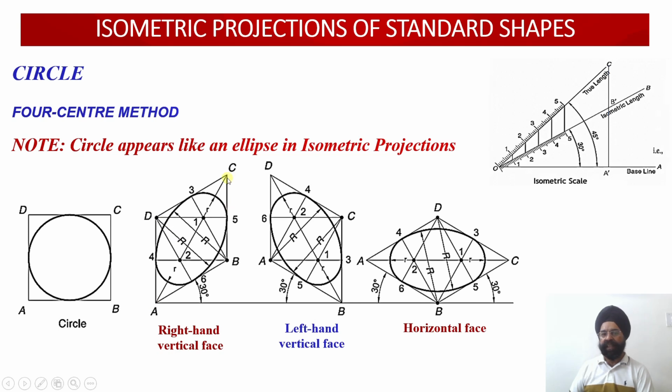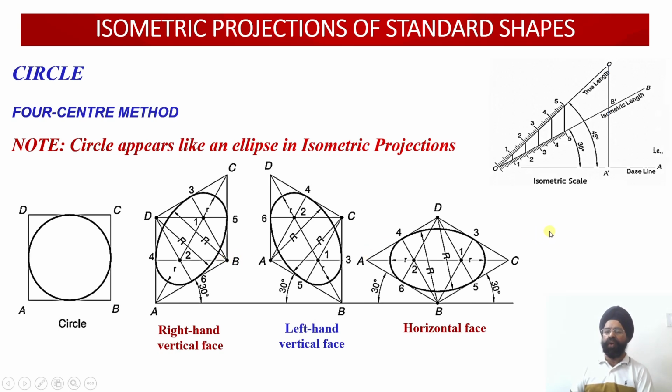So we can see there is a longer diagonal of the rhombus and a shorter diagonal of the rhombus. The two diagonals of the square, when drawn in the isometric projection, will not be equal, whereas in the original square, the two diagonals happen to be equal. So once you draw it onto the isometric projections, we are going to get one longer diagonal and one shorter diagonal of the rhombus.